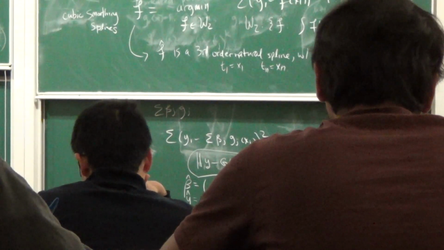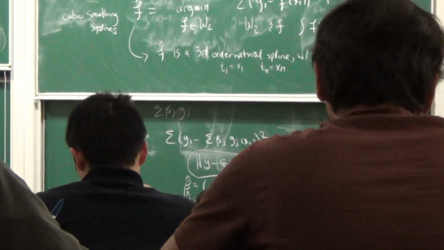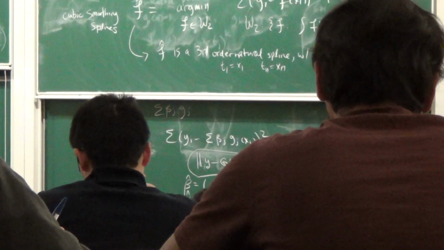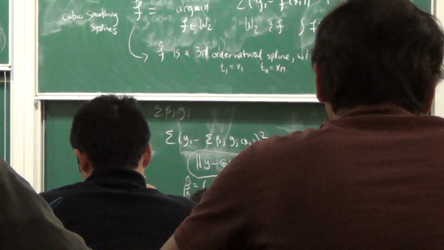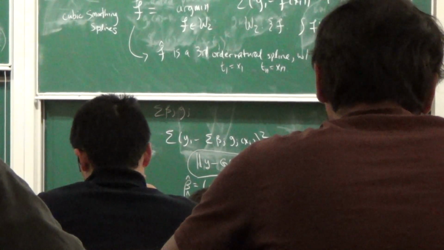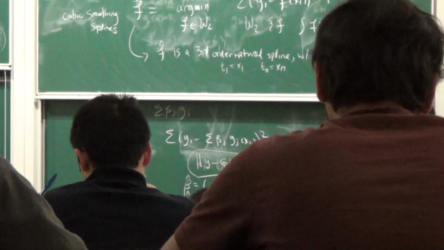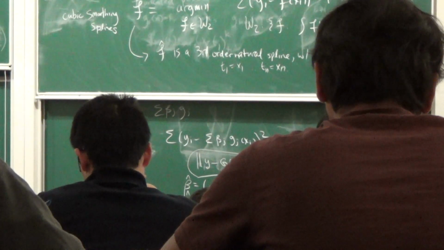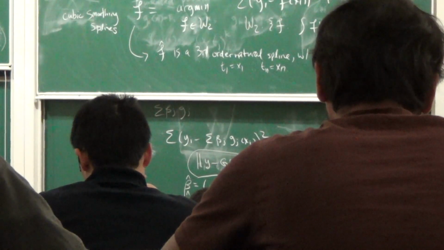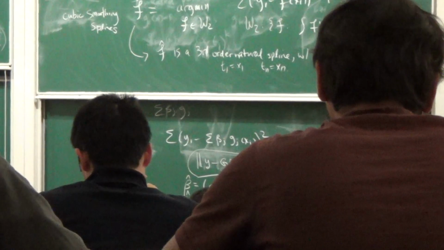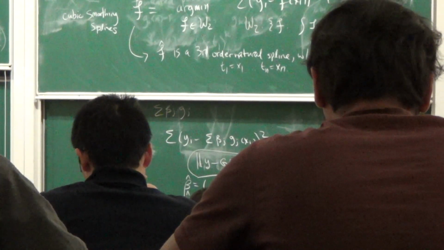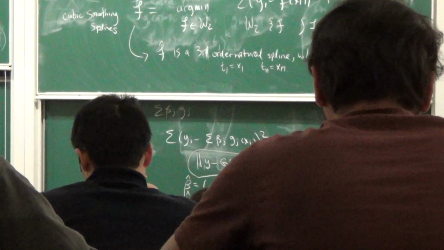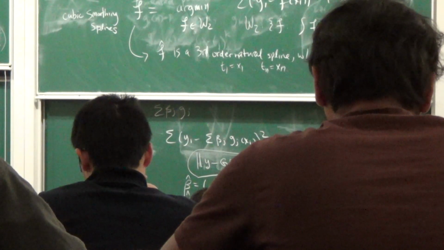So I can just reverse the order and take the products of their inverses. So I get G times that guy, G inverse, times I plus lambda G transpose inverse omega G inverse, here, times G transpose inverse G transpose Y.